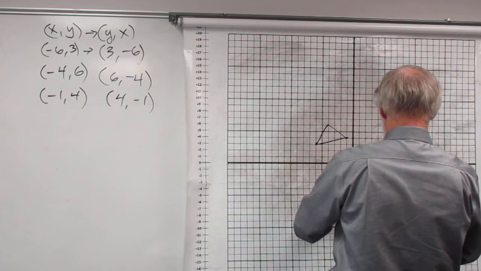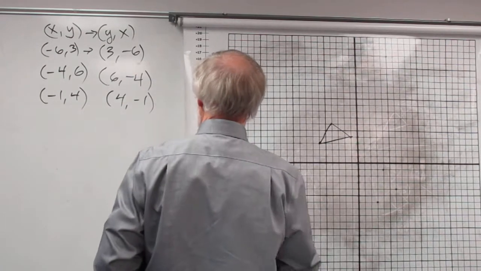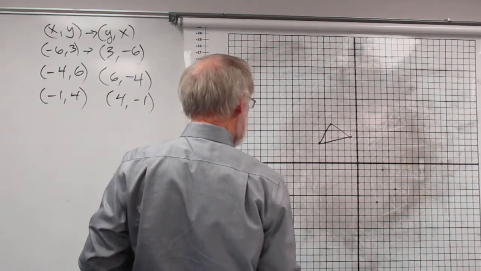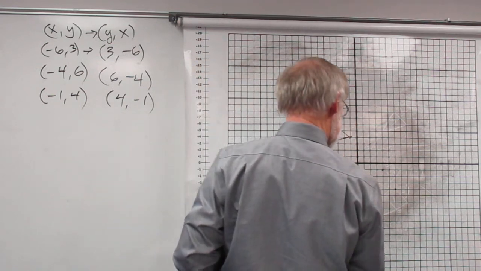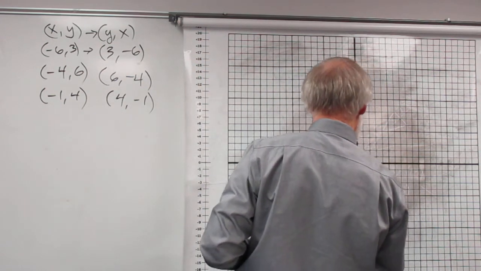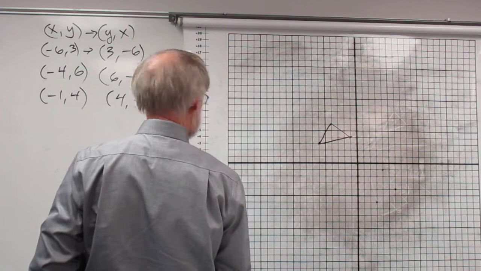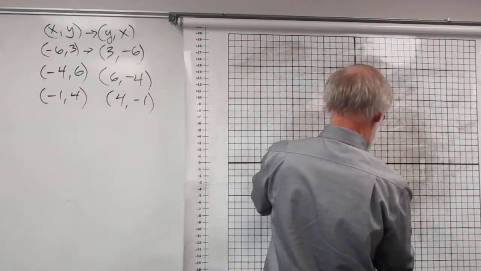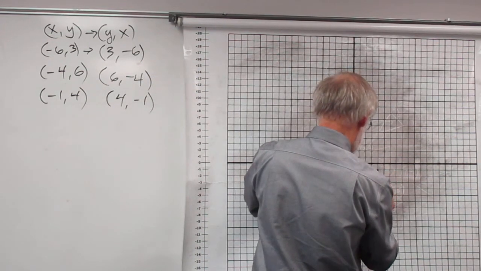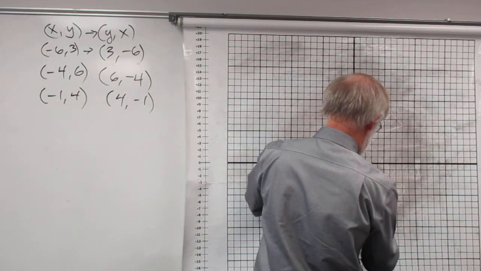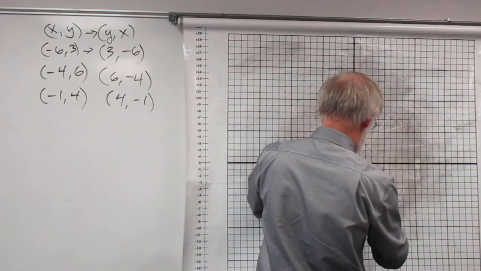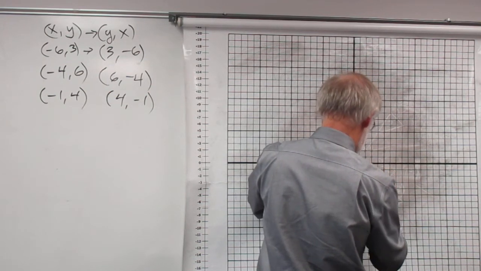All right. Now, let me just double check those. (4, -1), (3, -6) is right, and (6, -4). That should be right. So if I draw that triangle in, and I've drawn some rather curved lines here, let's try to straighten them out. There we go.